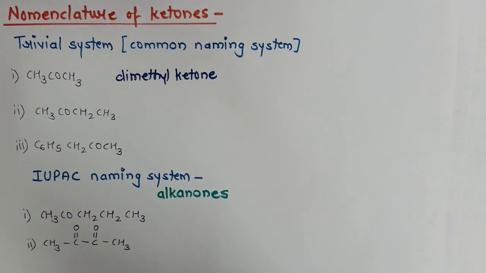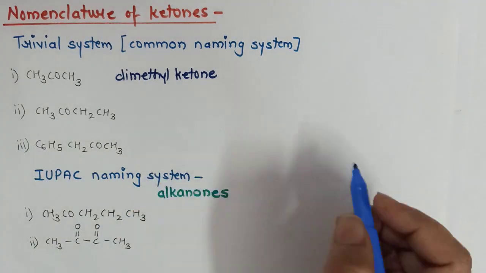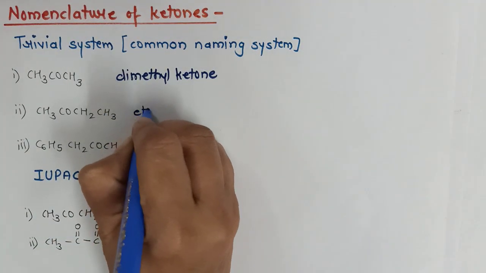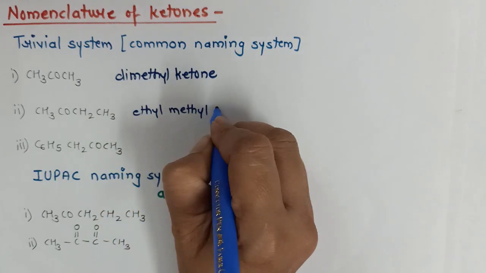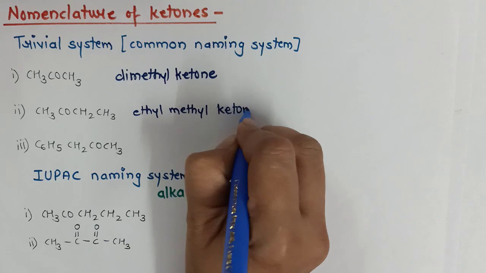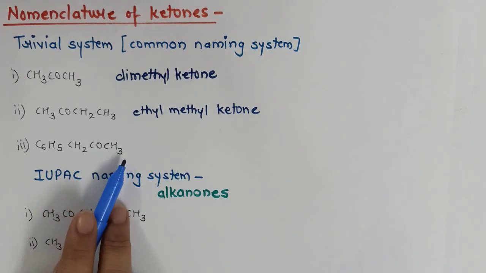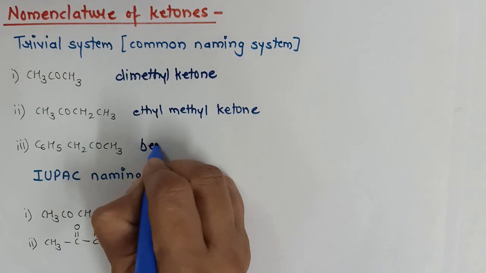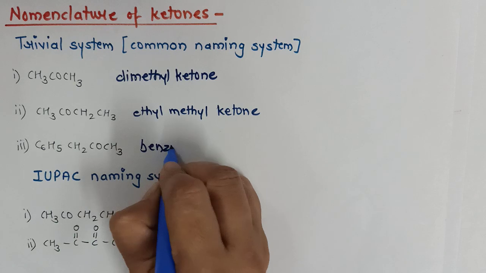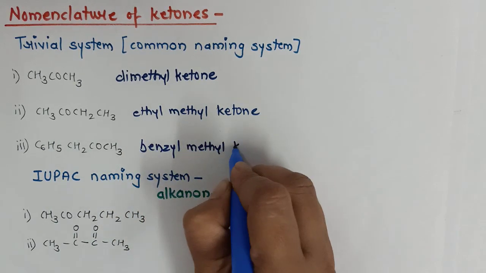In the second example, there are two alkyl groups and therefore it will be labeled as ethyl methyl ketone. And in the last example, there is a phenyl substituent, so in the trivial naming system, it is called benzyl methyl ketone.